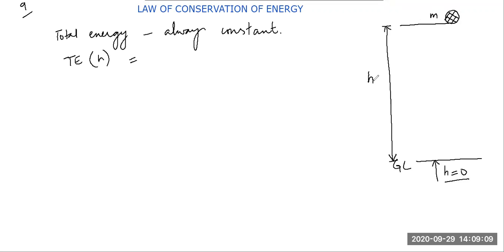When the ball is simply here at a height h, the energy possessed by the ball is totally potential energy, because as per the definition, potential energy is the energy which is there in the body only because of its position, especially height. So the total energy of the body here is equal to mgh. Am I right, students? Mass into acceleration due to gravity into h.